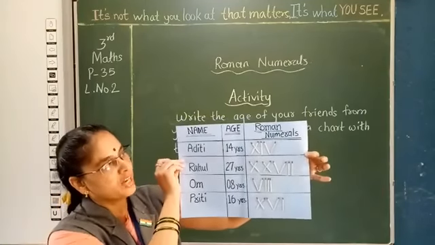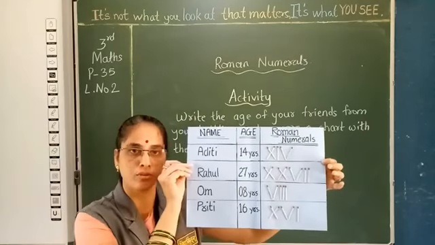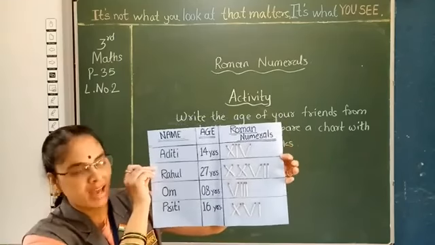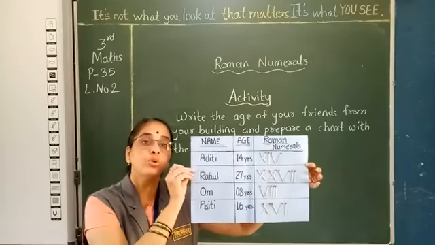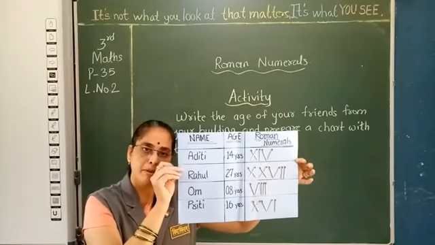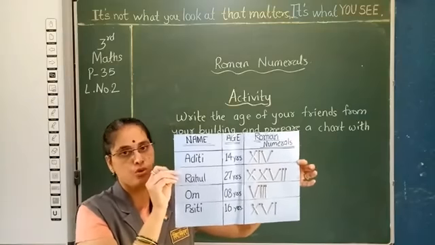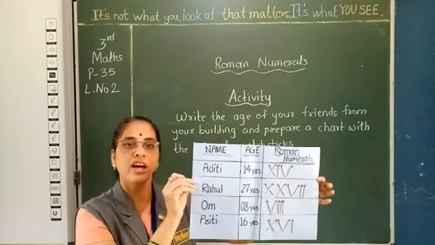And in the third column, you are going to represent their age using Roman numerals. So this way you are going to make this activity. As I told you, there is no need to bring the card paper and all. If it is not there, you can do this activity in the notebook also, on the last page of your notebook. Yes. So this is your activity.